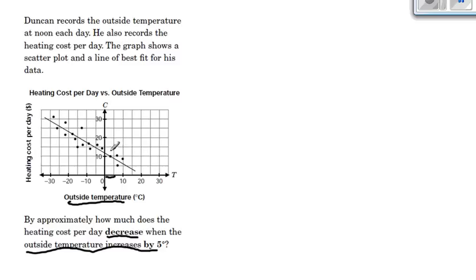So when I go, for example, from 0 degrees to 5 degrees, I've increased by 5 degrees. And in a vertical sense, I have gone from here to about here. So how far have I gone?